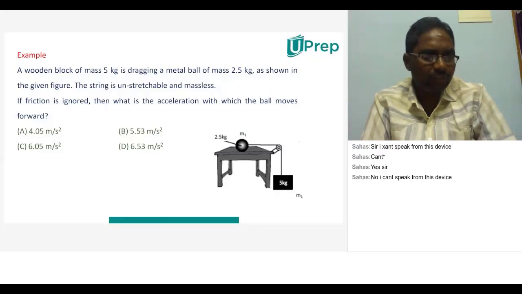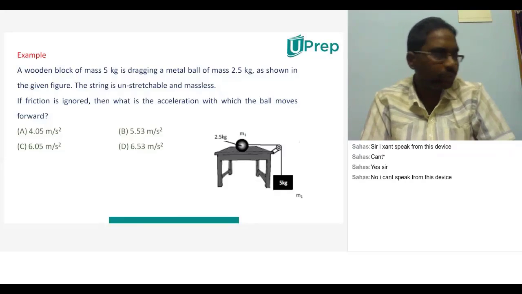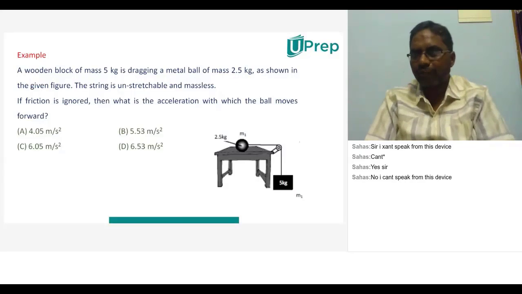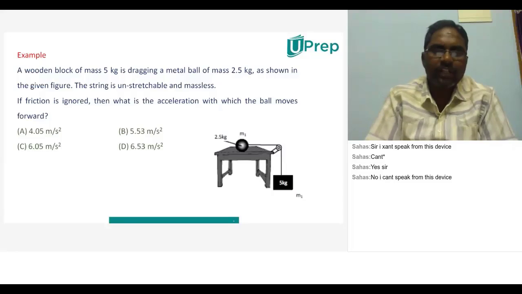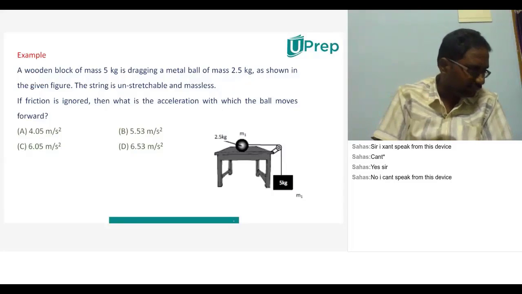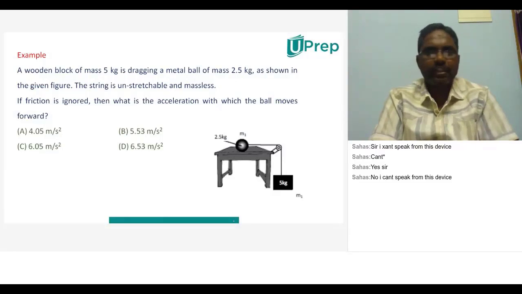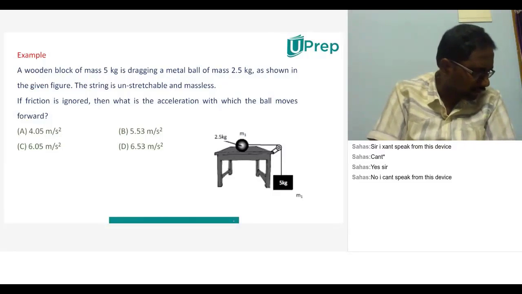Can you solve this one, Arnav? Sir, I will. Arnav, take time. I will give you 1-2 minutes, and if you are able to solve it, tell me the answer and we'll check. I will solve that problem. Arnav, can I give you a hint?